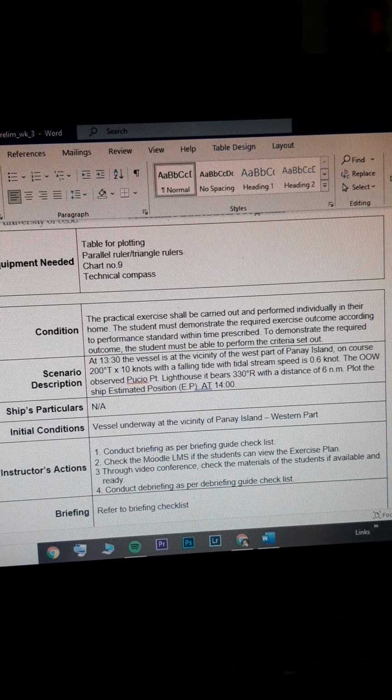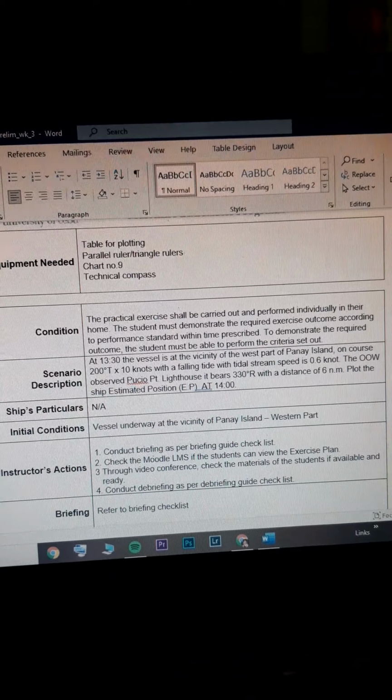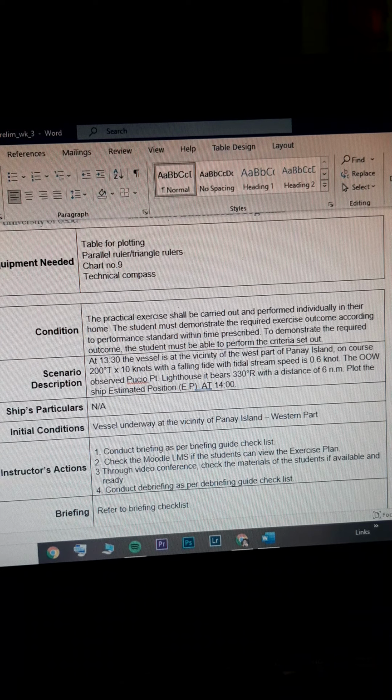The officer of the watch, or OOW, observes Pusho Lighthouse. It bears 330 degrees with a distance of 6 nautical miles.